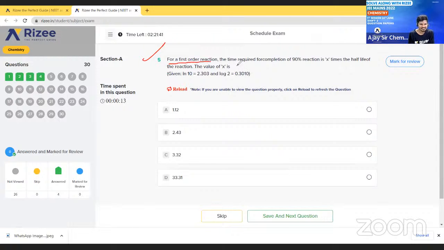For the first order reaction, the time required for completion of 90% of the reaction is x times. Then what is the half-life? They are asking about half-life.